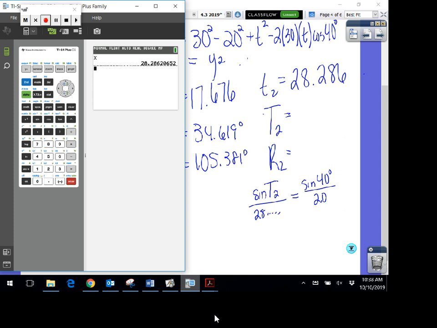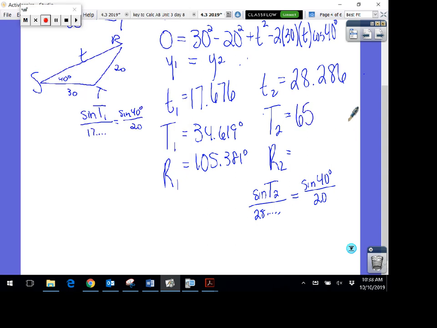So here we have that 28 times sine of 40, divided by 20, equals, the inverse sine of that is 65.381 degrees. Don't forget your degree symbol.